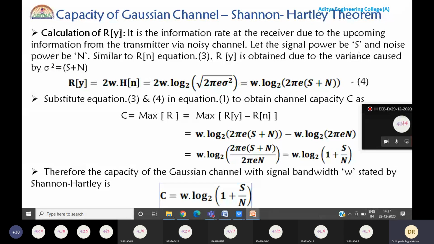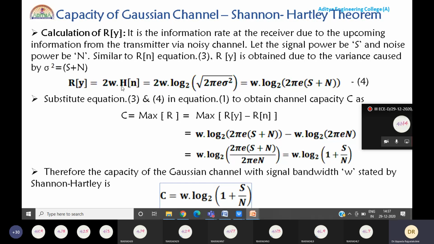Let the signal power be capital S and the noise power be capital N. Now the output Y is a combination of both signal and noise. So you will get the same value of R of Y, but instead of N you will get S plus N. It is a combination of both signal and noise components.